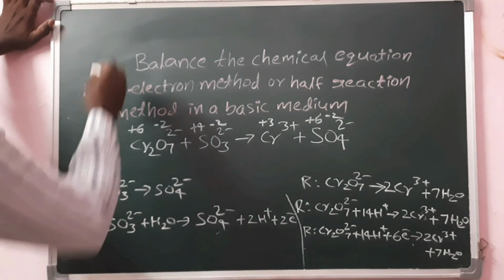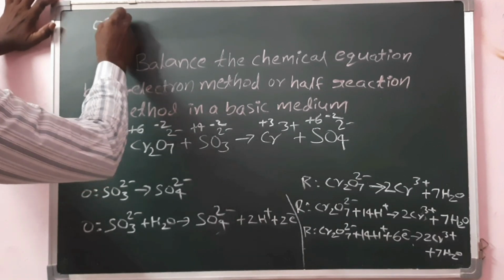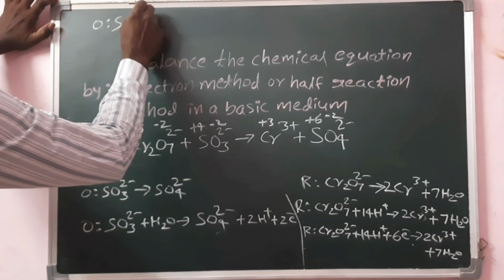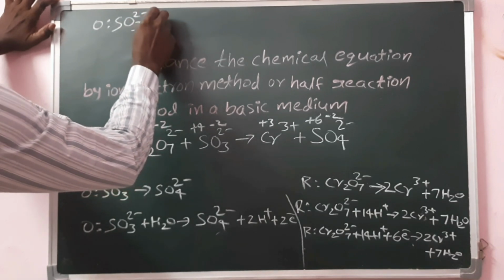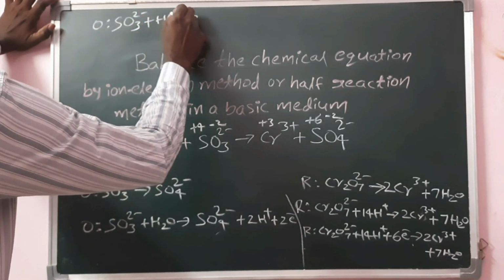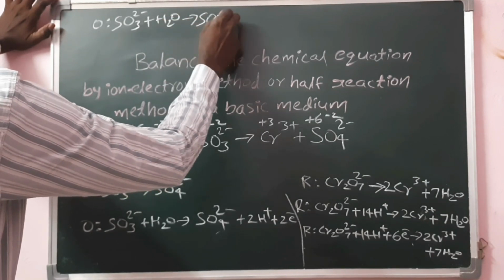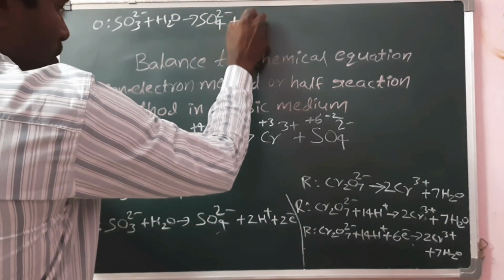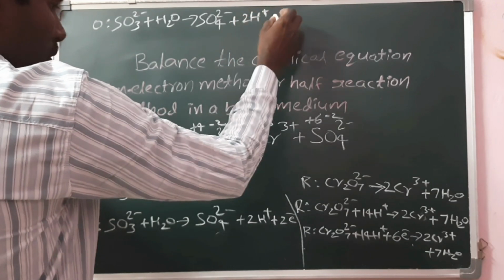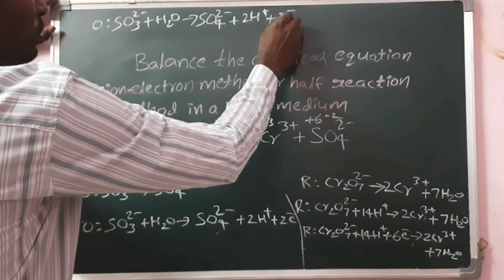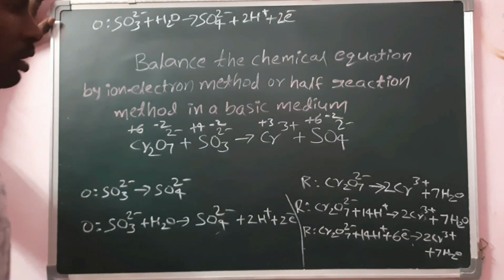So the oxidation half reaction: SO3 2 minus plus H2O, this gives us SO4 2 minus plus 2H plus plus 2 electrons. Okay.